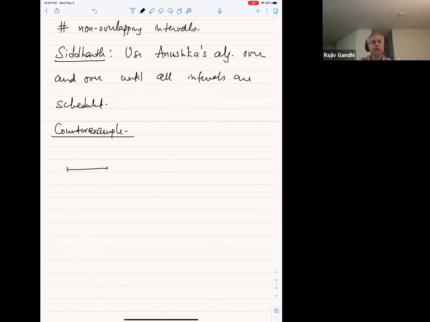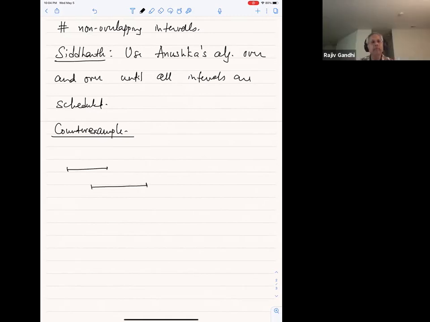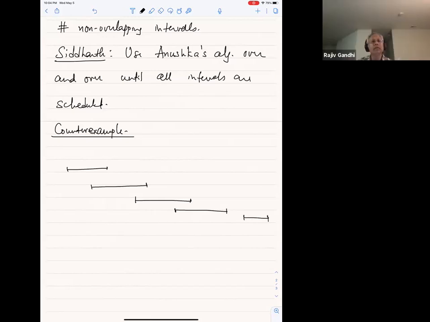Then 2 is slightly above it. 3 will be after the finish time of 1, but inside the finish time of 2. 4 will be inside 3. And then 5 will be after 4. Okay. So 1, 2, 3, 4, and 5.